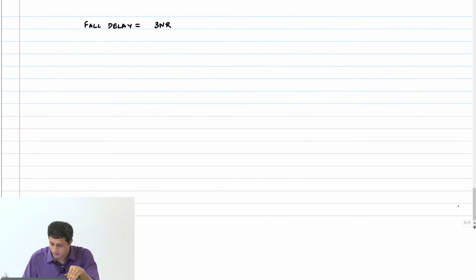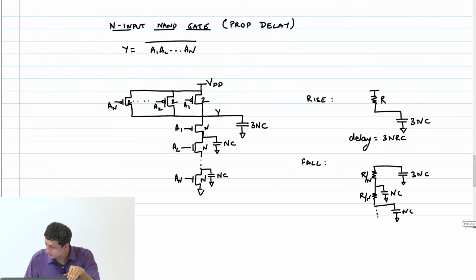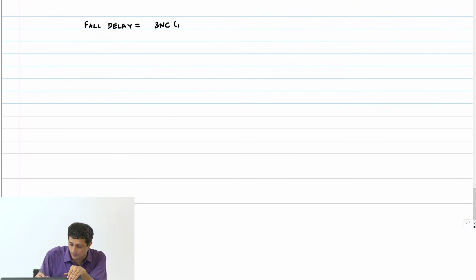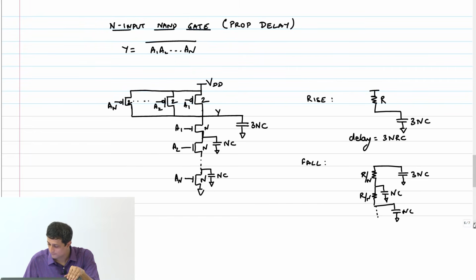So what do you get as the final answer? You will get 3NC into R, plus NC into N minus 1 by, no, I have R by N and I have N minus 1 of them, right?